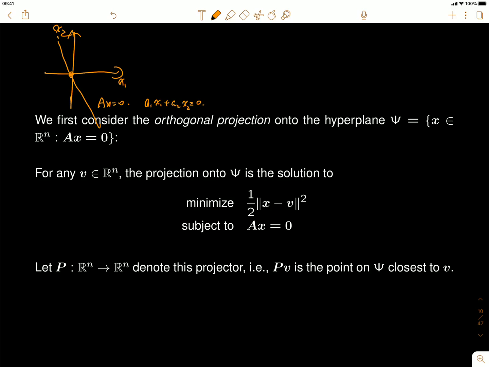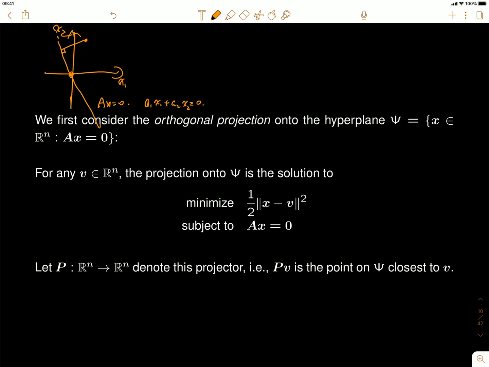The question right now is, if we have some point, say here, how do we project it back to this line? This is in R2, but if it's a high dimensional space, n greater than 2, the thing is similar. It's a projection onto this hyperplane or this subspace.